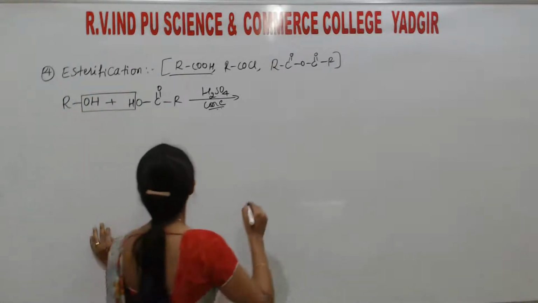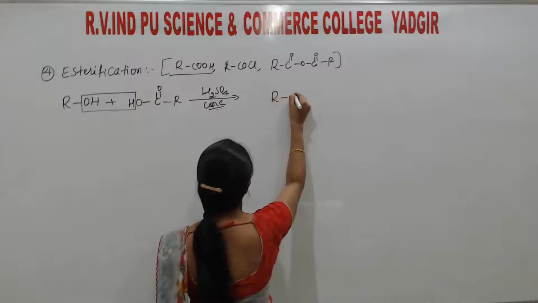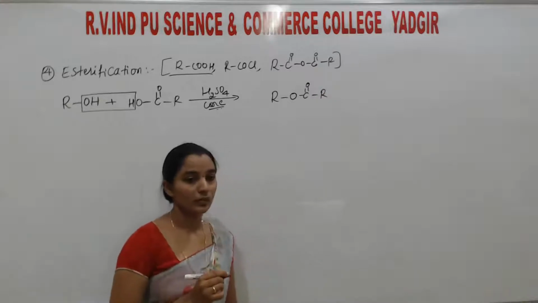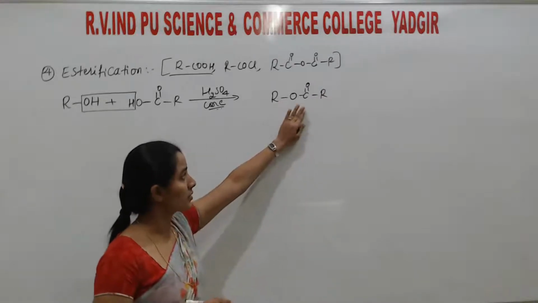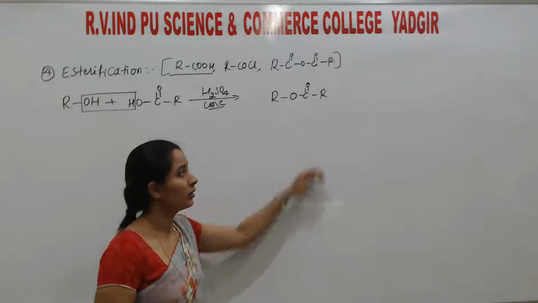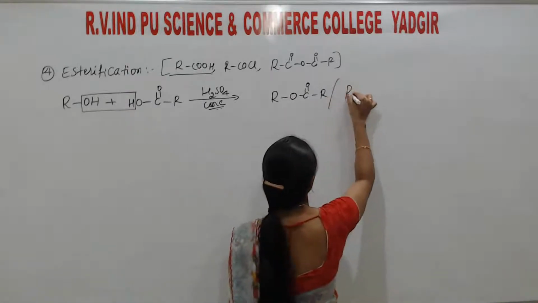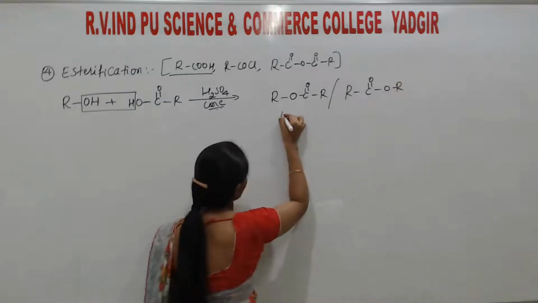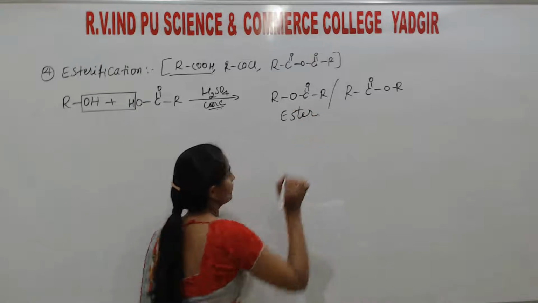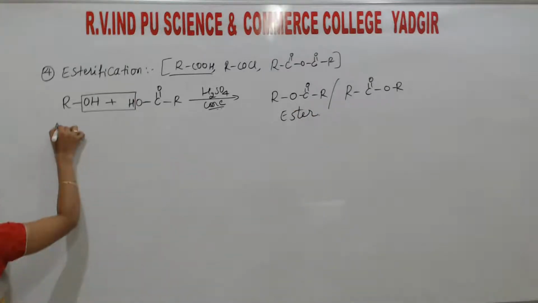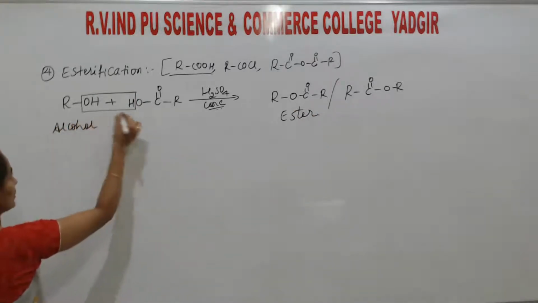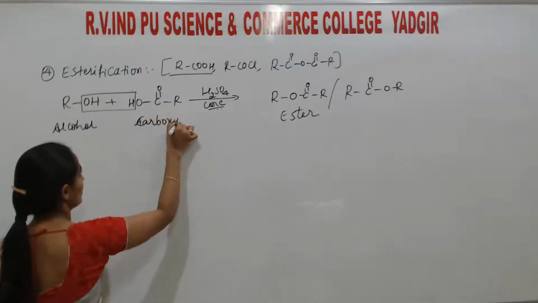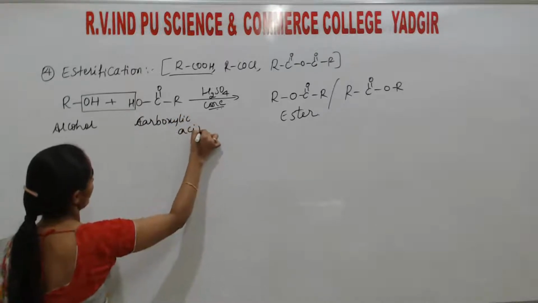The product formed is R C double bond O O R, which may also be written as RCOOR. Both are the same. This is ester; this one is alcohol; this is carboxylic acid.